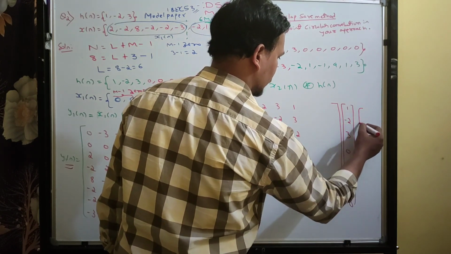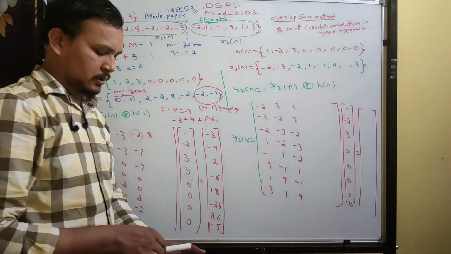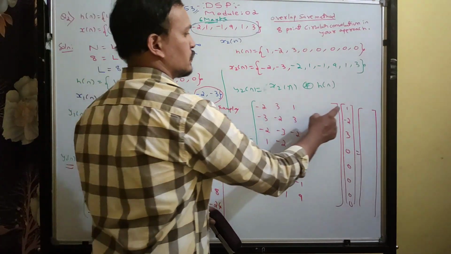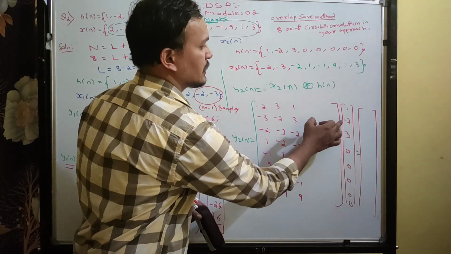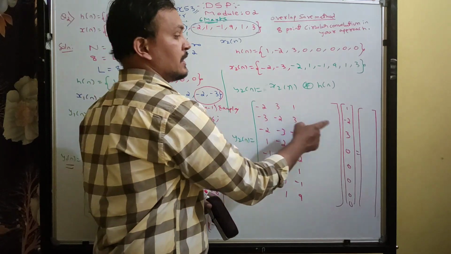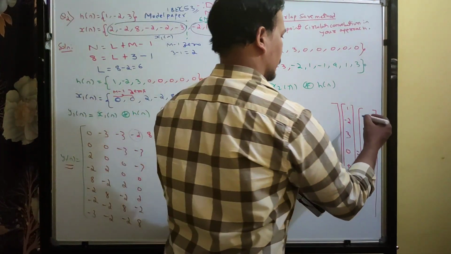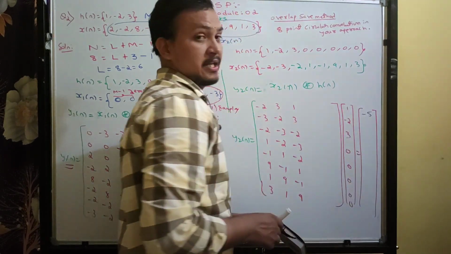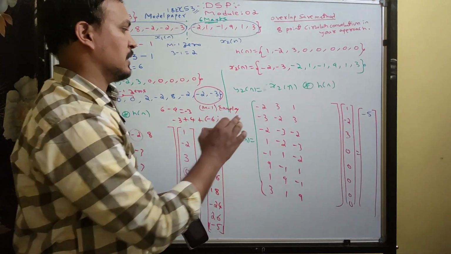Now multiply this. Do it carefully, do it in mind. Minus 2 into 1, minus 2. Next, 3 into minus 2, minus 6. Minus 6 minus 2, minus 8. 1 into 3, 3. Minus 8 plus 3, minus 5. So this will become minus 5. Next, minus 3 into 1, minus 3.